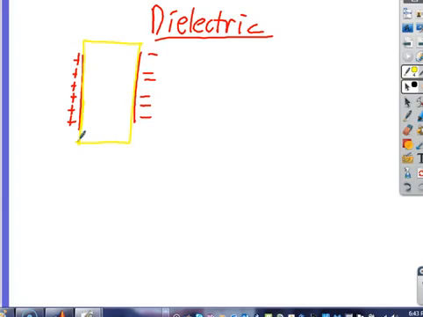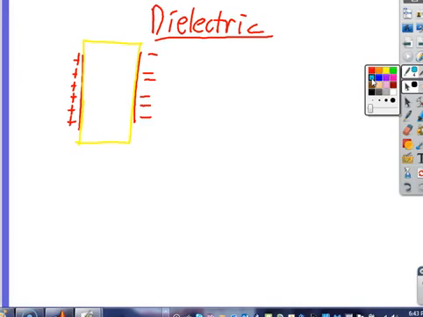But depending on what it actually is, it could polarize. And so sometimes you'll see solids in here, but sometimes you'll actually see things that are a little bit more liquidy, where they could, in fact, move around some, but they can't actually detach. You're not going to get just negative charges along this side and positive charges here.